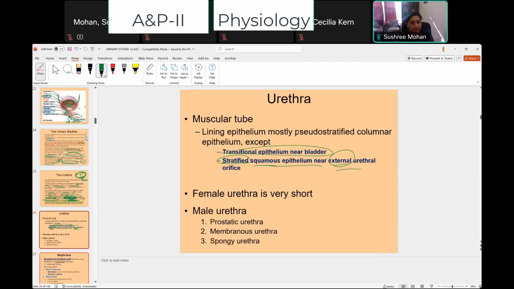It will be stratified, multi-layered, because it is connected to the external surface, like the mouth or the anus or the urethra. Wherever there's an external orifice, external opening, it has to be multi-layered. That's why stratified. The female urethra is short, whereas in the male it is prostatic, membranous, and spongy urethra.